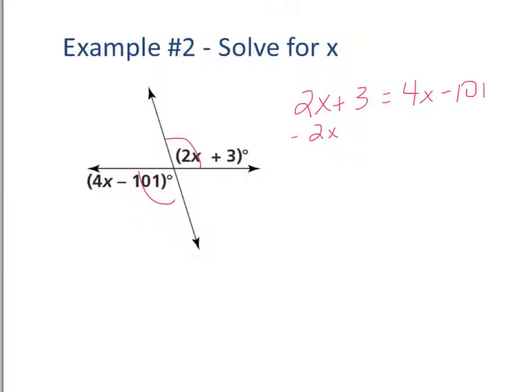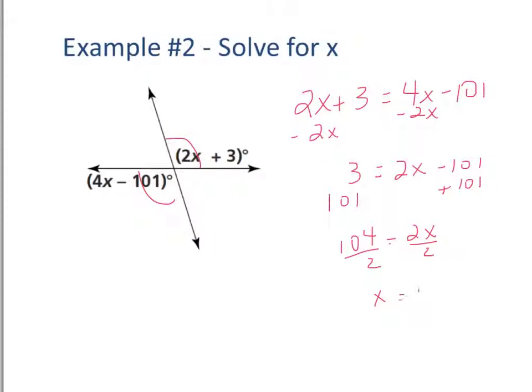So I'm going to subtract. And I get 3 equals 2x minus 101. Then I'm going to bring the 101 over to the 3. So I'm going to add. So I get 2x equals 104. Then to get x all by itself, I'm going to divide by 2. So I'm going to get x equals 52.